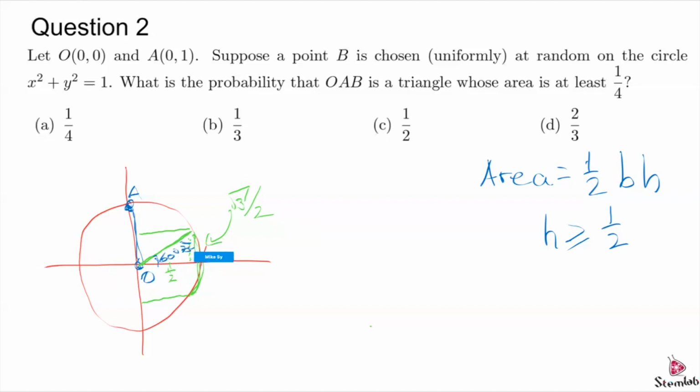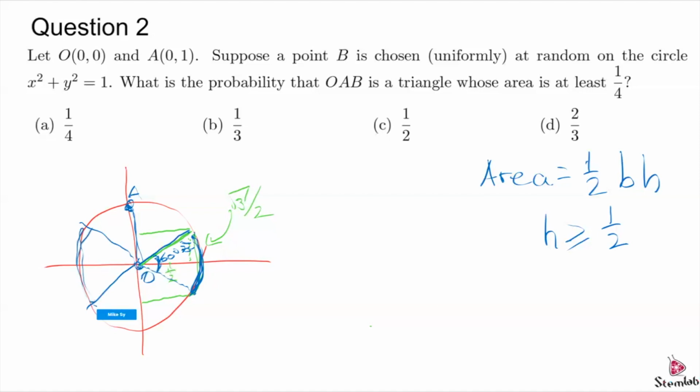So the desired points are included in some 120-degree central angle over there, and also 120 degrees on the other side. Okay.